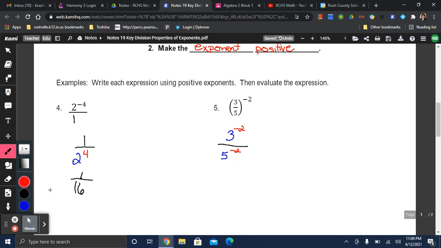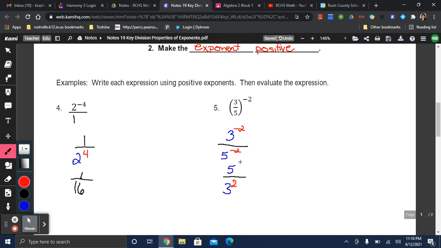And then if we have a negative exponent, it's going to move from wherever it is to another location. So 3 is in the numerator. We're going to move it to the denominator. And when we do, we're going to make the exponent a positive. Likewise, the 5, when we have the 5 in the denominator with a negative exponent, moves to the numerator.